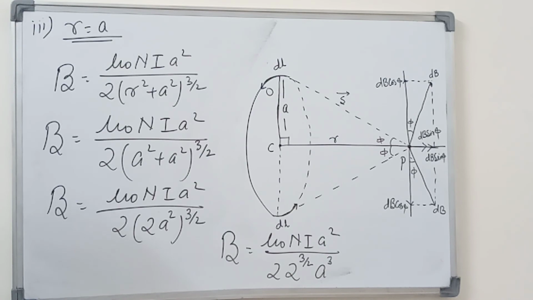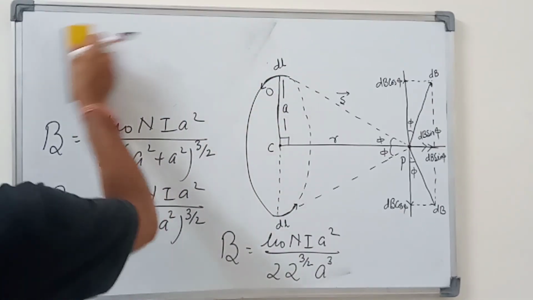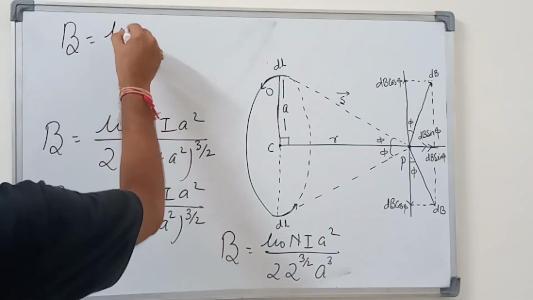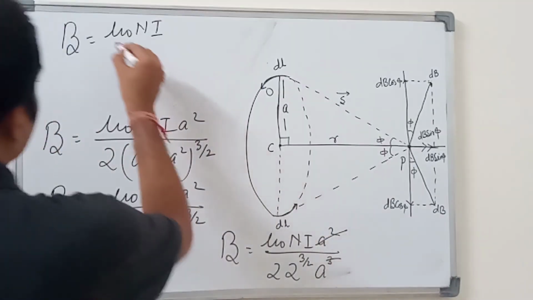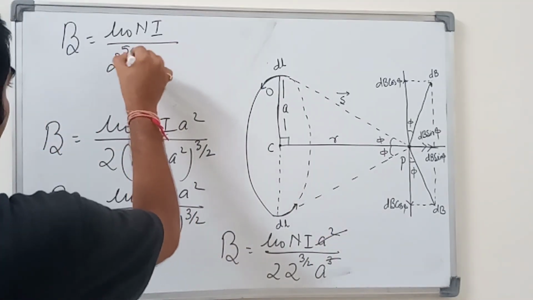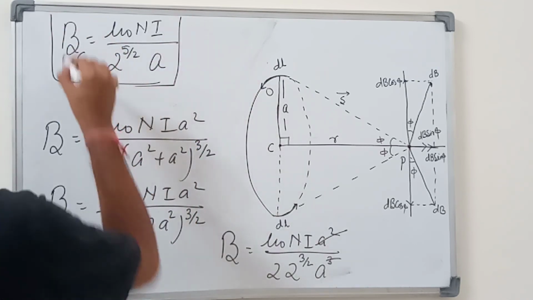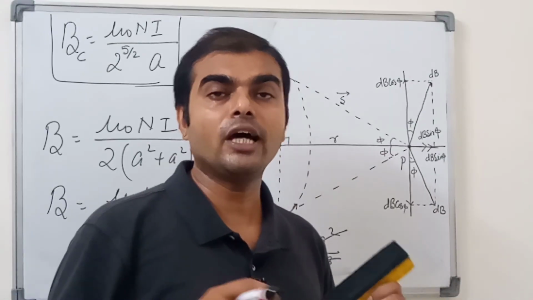Okay, so the next point is very simple. The B value is mu0 N I, and a square cancels out, and here is 2 to the power 5 by 2 a. This is the center point, creating a radius, and r and a are both equal.